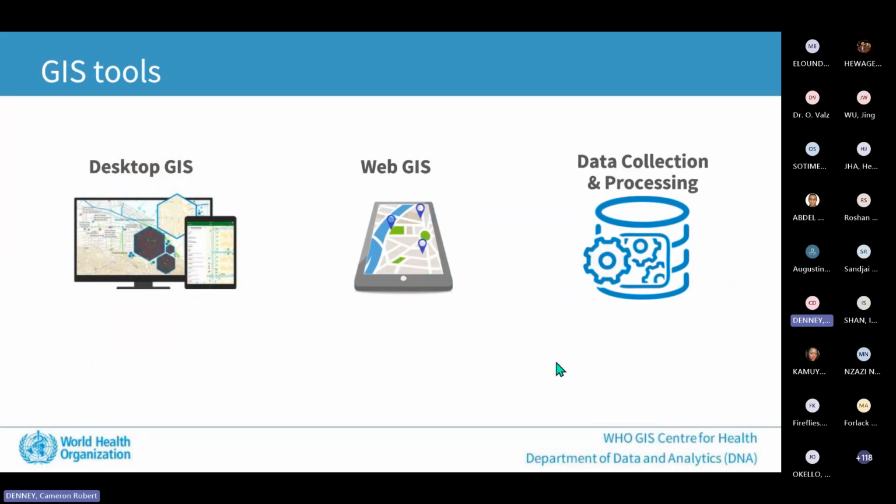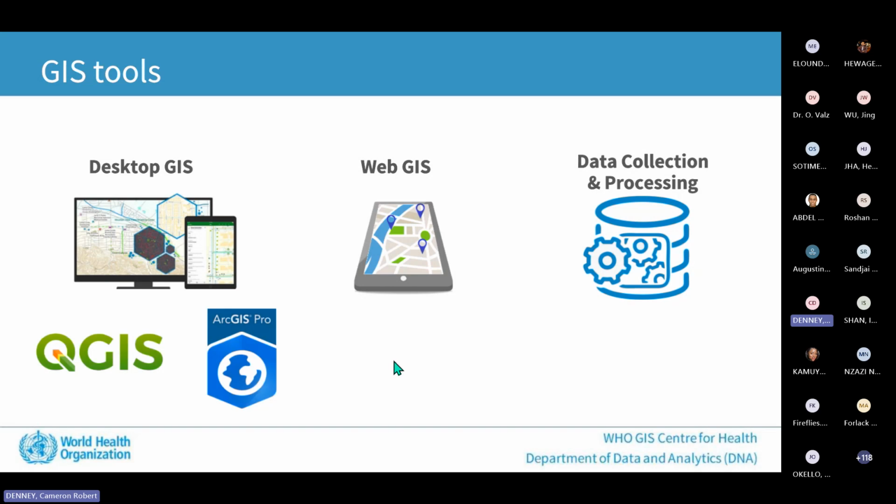So in terms of GIS tools, there's a lot of tools out there, and today we'll learn just one of them. Many things are going more towards the web. So there's web-based GIS. There's kind of the more coding, database, data processing side of things. And then really on the left here, there's two major desktop GIS softwares. So there's QGIS that we'll learn today.